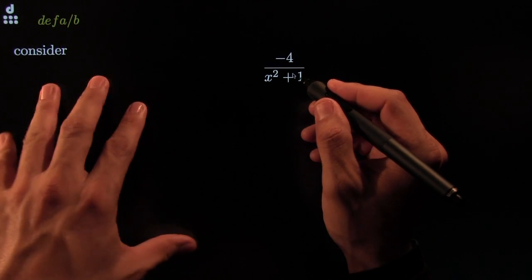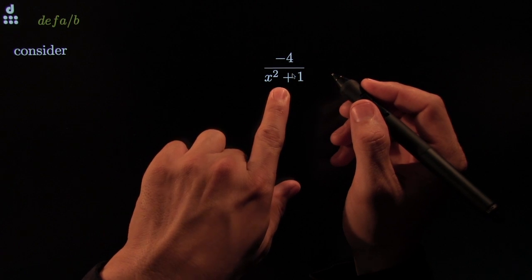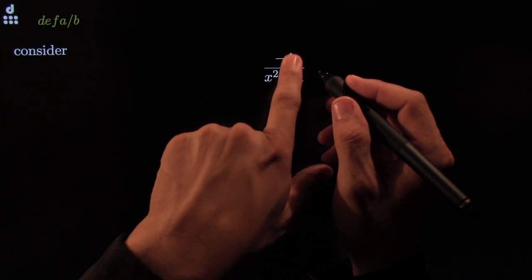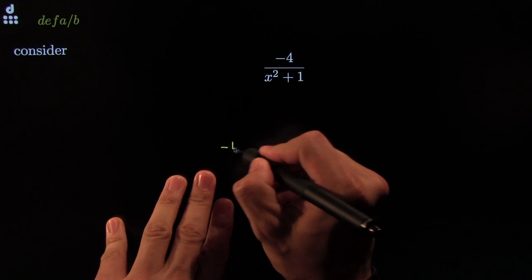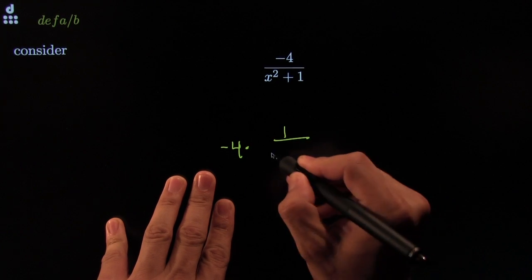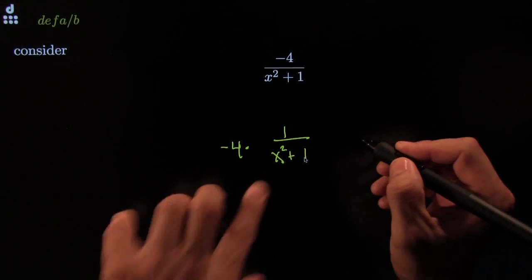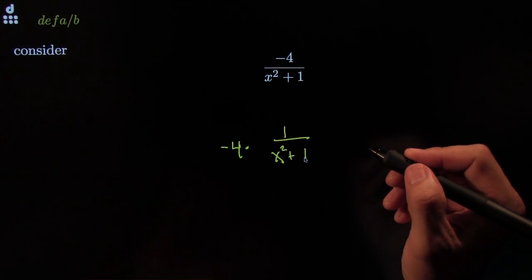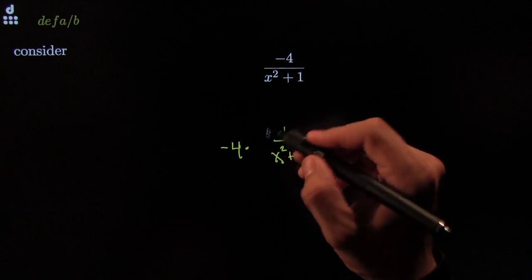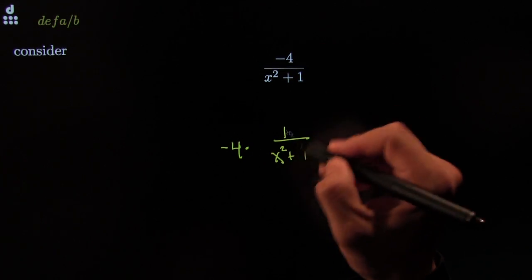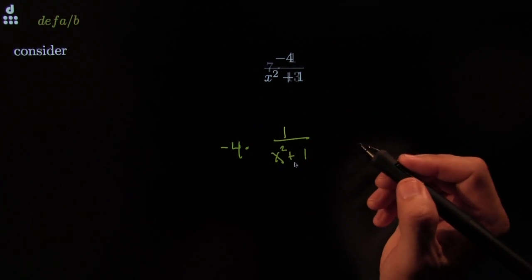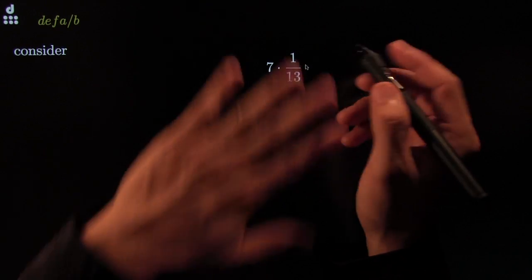It works so well not just on numbers, but on all your future fractions for the rest of your life, no matter if the fractions are polynomials or whatnot. This is such a strong definition, it'll carry you for the remainder of your life. This will be -4 times the multiplicative inverse of x squared plus 1. You could also use it backwards.